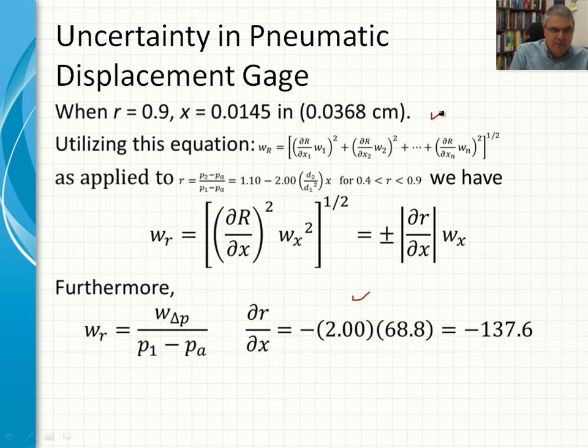Remember that every time we want to calculate the uncertainty in an equation with multiple parameters, what we do is we differentiate with respect to each parameter. We keep the rest of the parameters constant, and then we square each of those uncertainties.